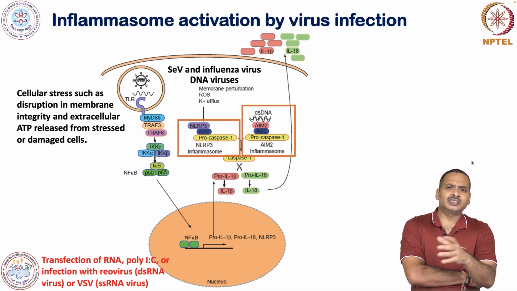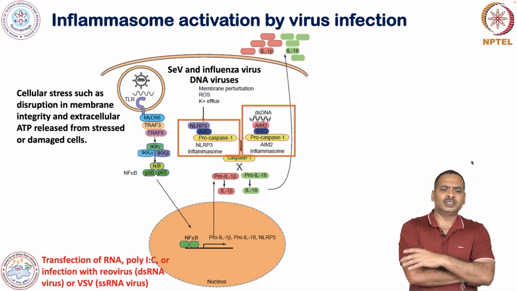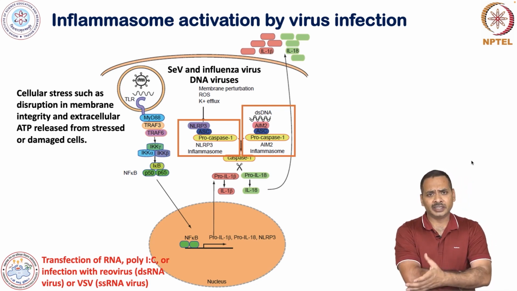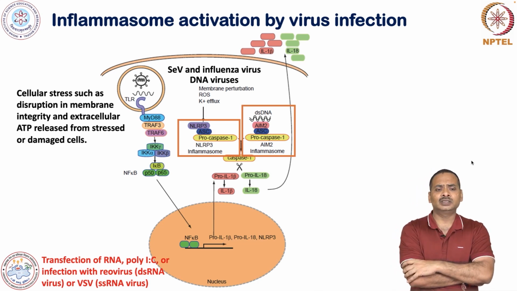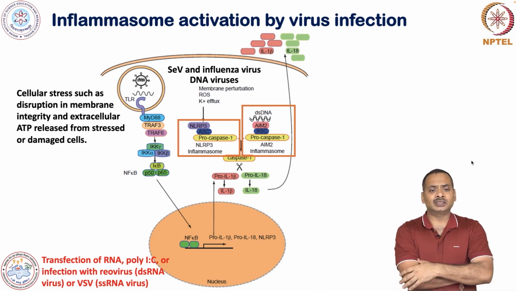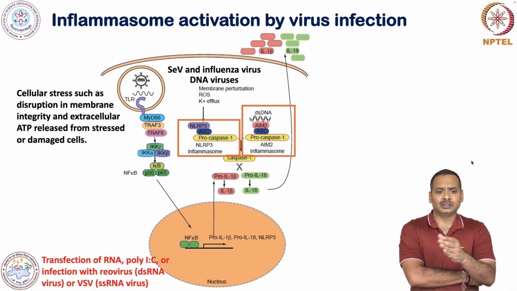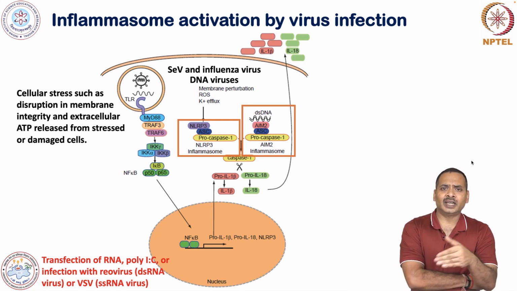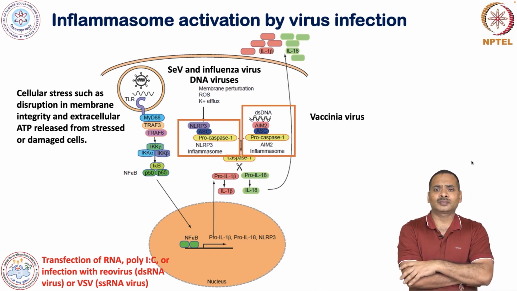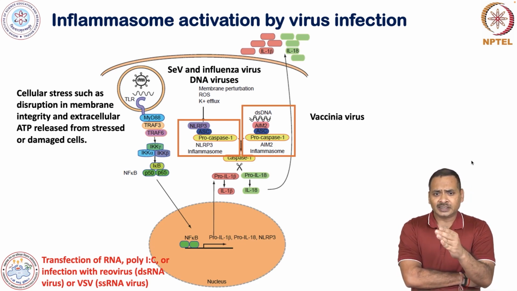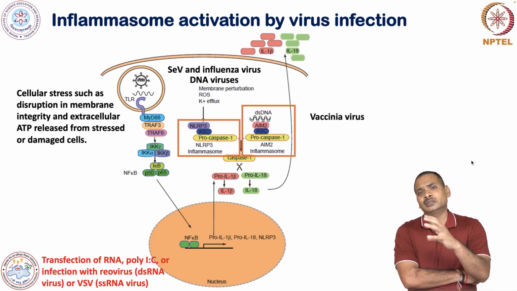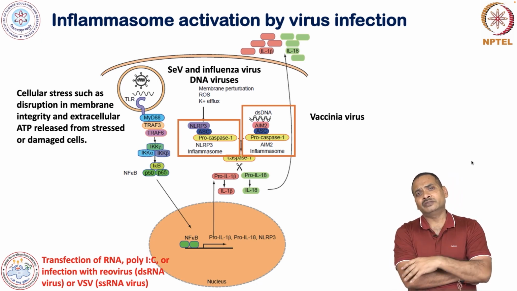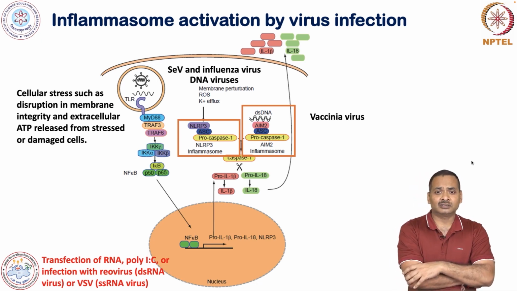You can activate this inflammasome by transfection of RNA poly-IC, which mimics a virus infection, and also by RNA from Reovirus and VSV. So, these can activate the inflammasome. The DNA sensor AIM2 inflammasome can also be activated by the vaccinia virus.